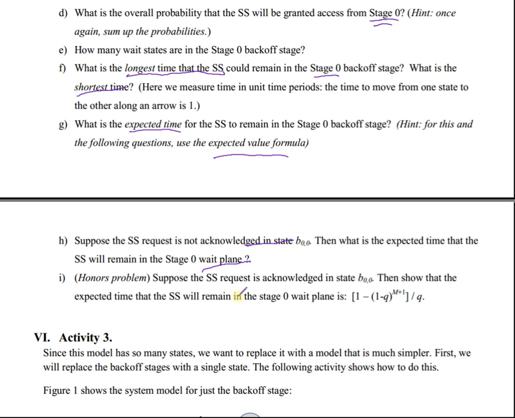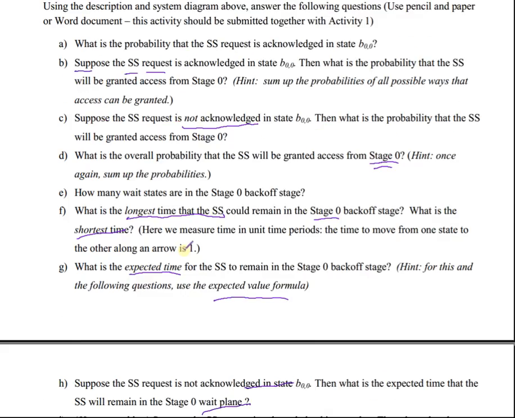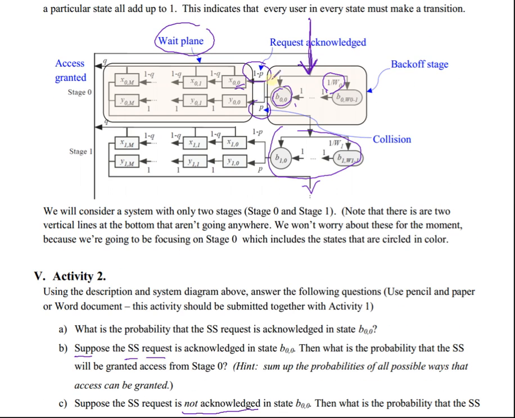This is to show the expected time that the user will stay in the wait plane if the request is acknowledged. So H is talking about the case where you enter the wait plane and go in the lower group, the lower series. And the last problem is talking about the expected time if you go in the upper series.